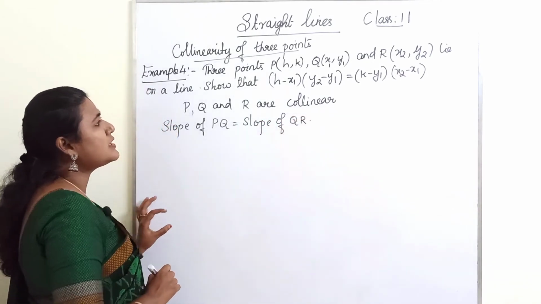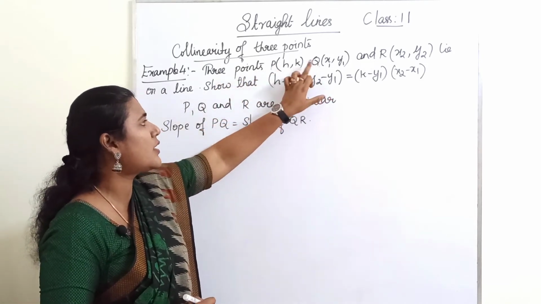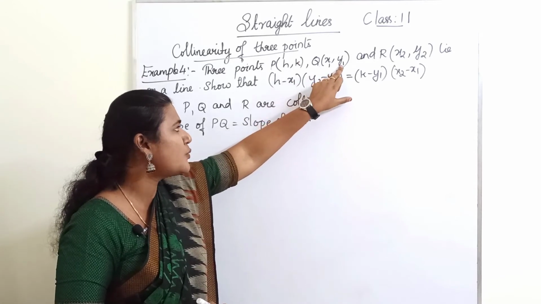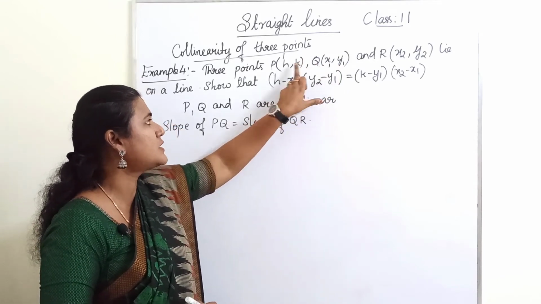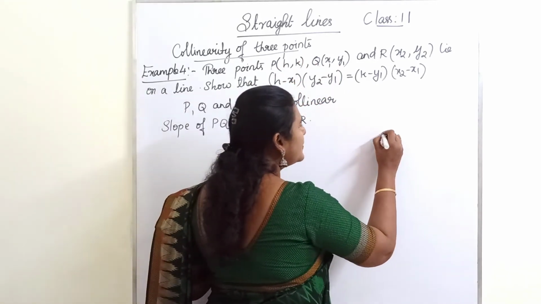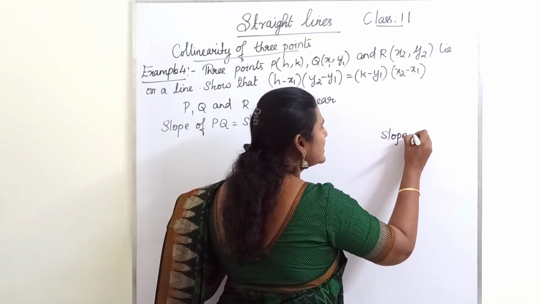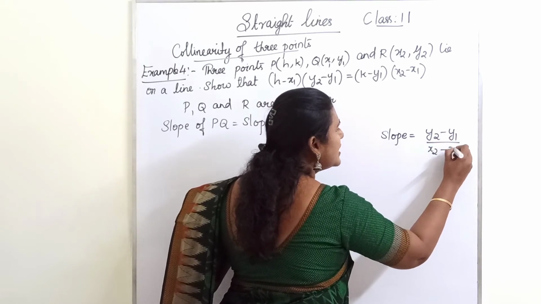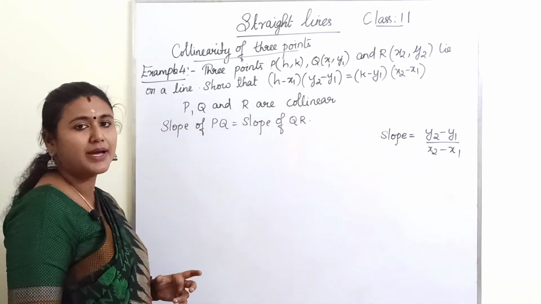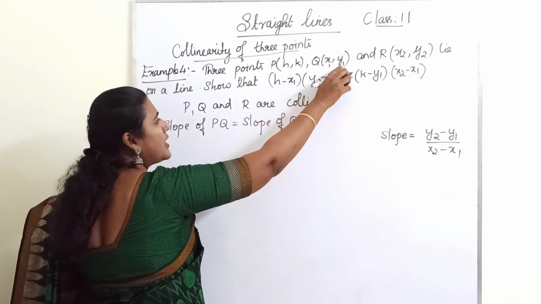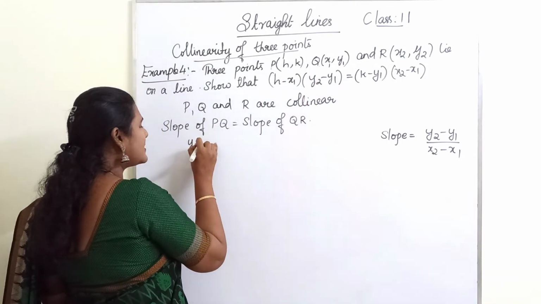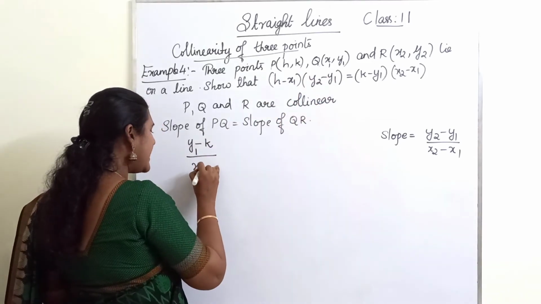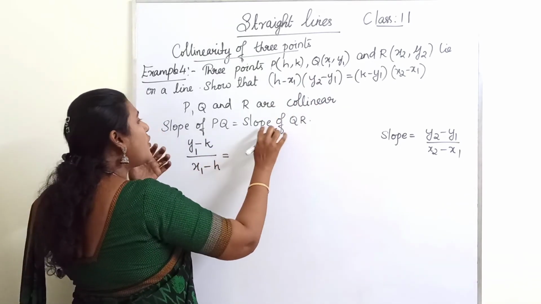So how to find the slope of PQ? The coordinates of P and Q are given. The formula for finding slope is (y2 minus y1) by (x2 minus x1). So if the coordinates of 2 points are given, the slope is (y2 minus y1) by (x2 minus x1). So here we can write the slope as (y1 minus k) by (x1 minus h), which is equal to the slope of QR.